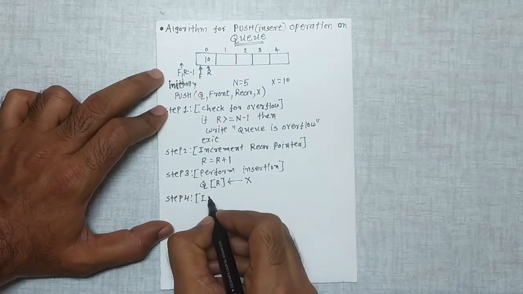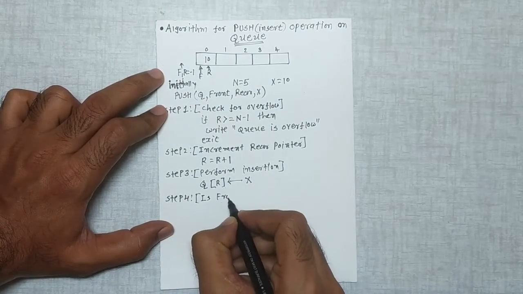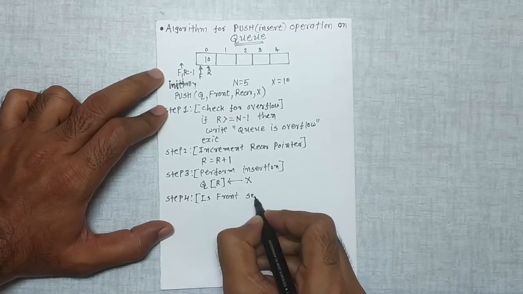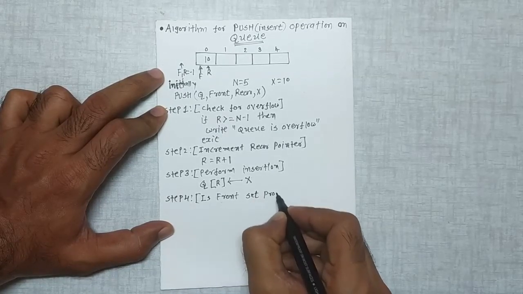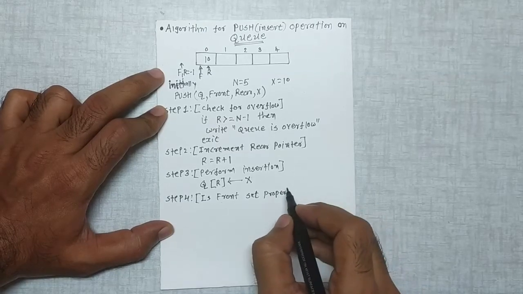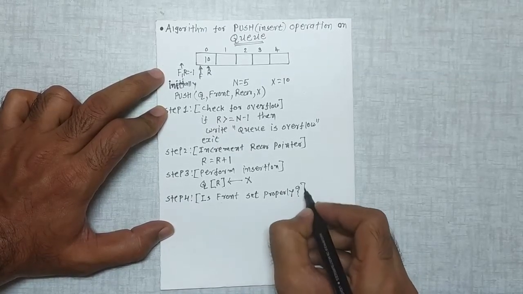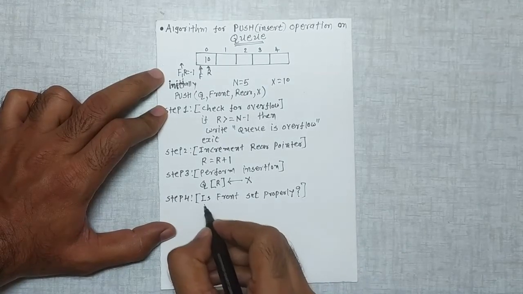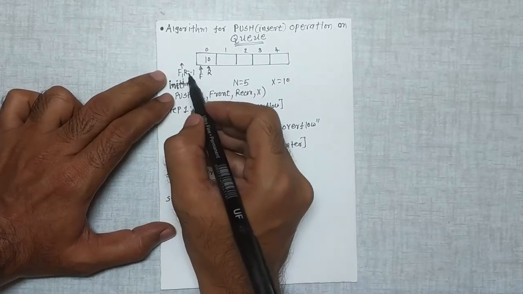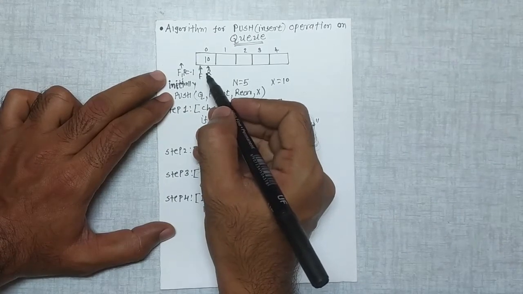Is front set properly? If front is pointing to -1, then we need to increment it by 1.